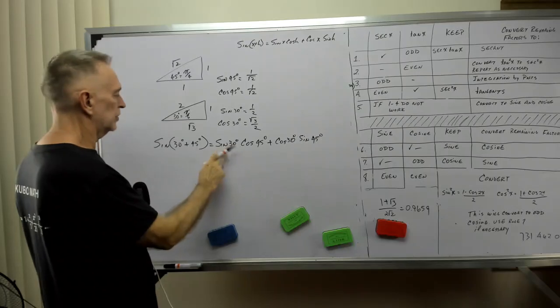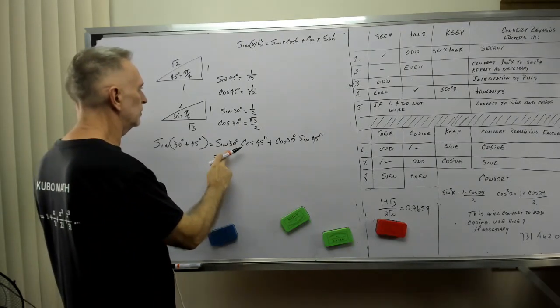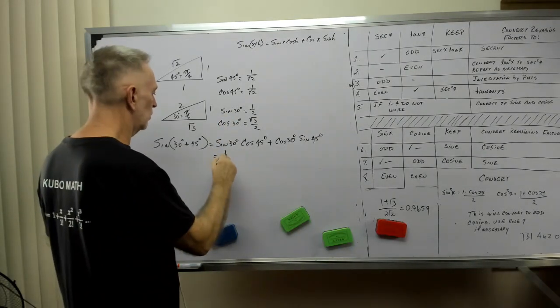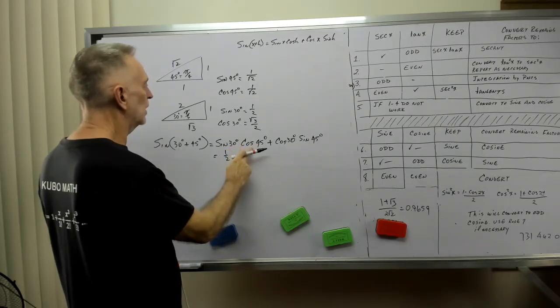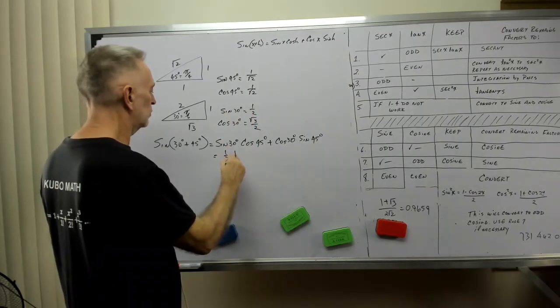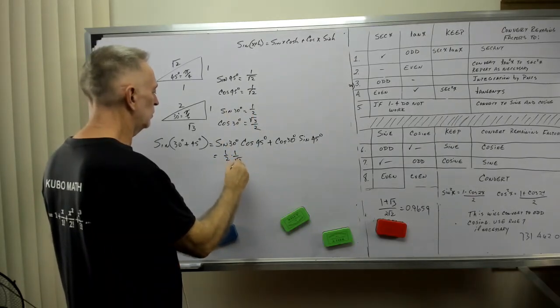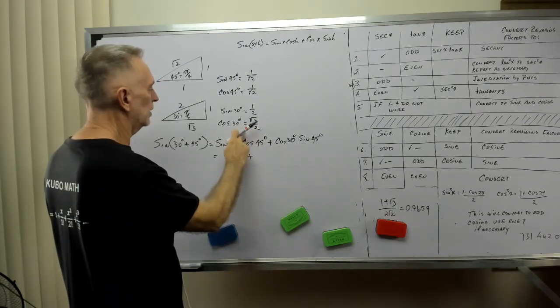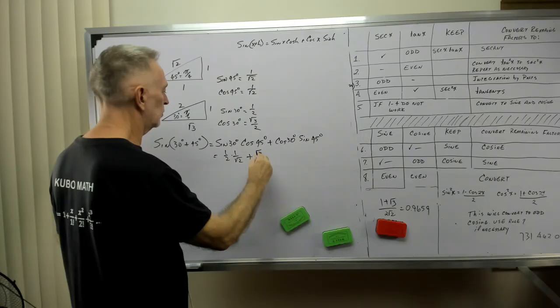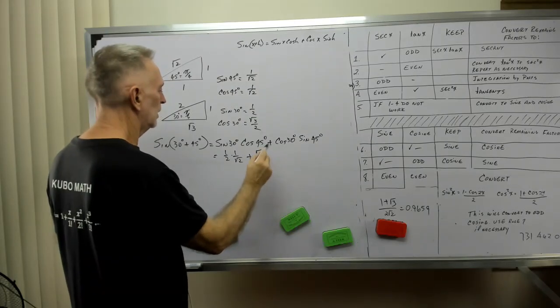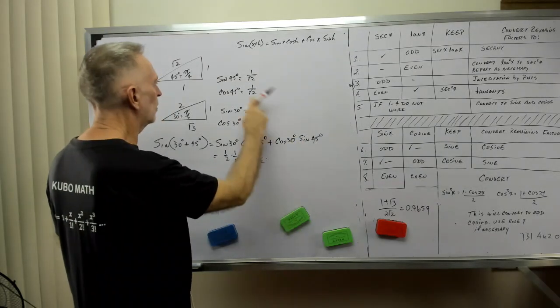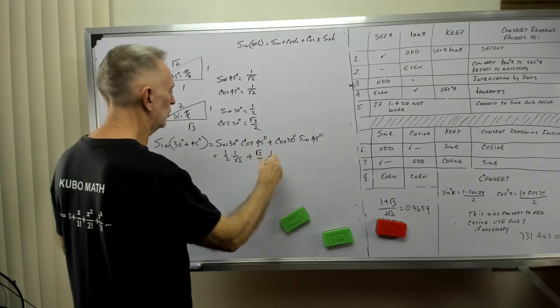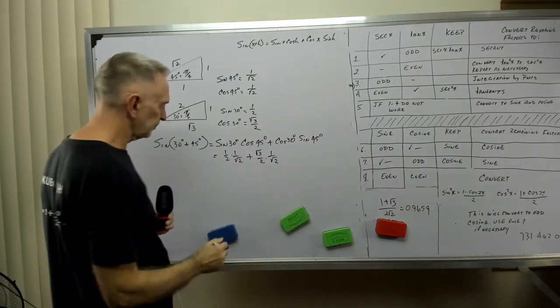What is the sine of 30 degrees? It's 1/2. Cosine of 45 is 1 over square root 2, plus cosine of 30, which is square root 3 over 2, times sine of 45, which is 1 over square root 2.